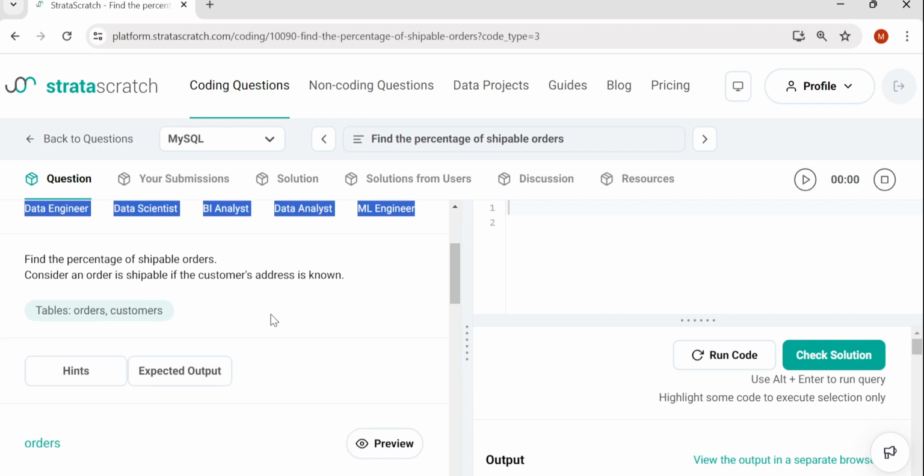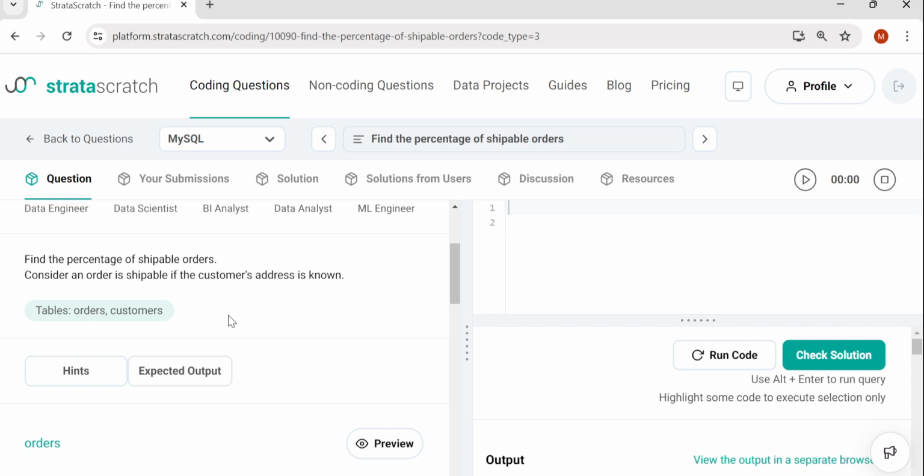Let's get into the question, that is, find the percentage of shippable orders. Consider an order is shippable if the customer's address is known. We need to find the percentage of shippable orders. Shippable means if a customer address is defined, then that particular order is shippable.